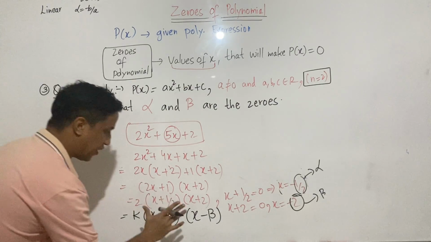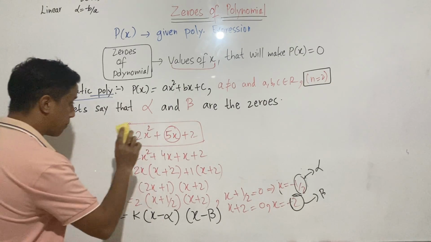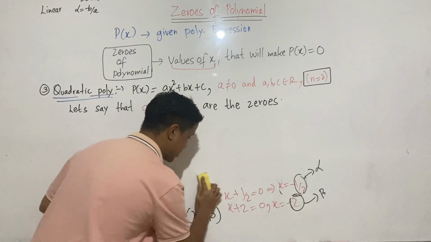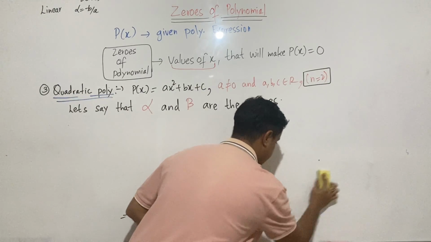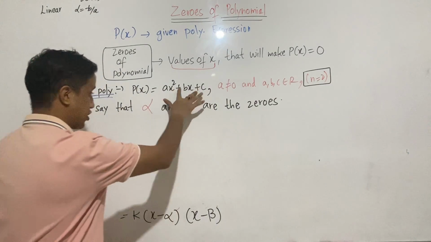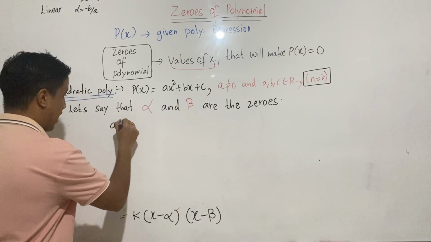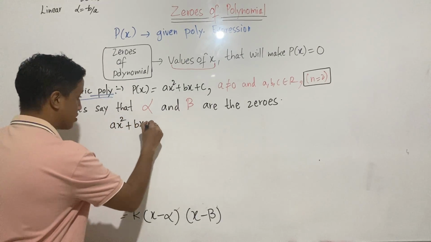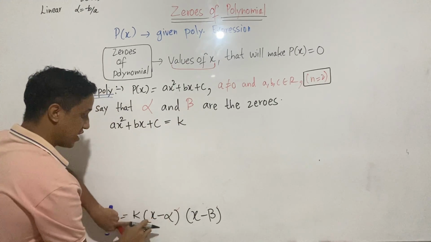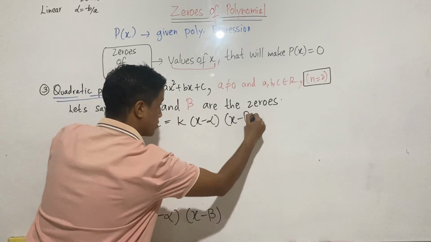So now see here, my whole purpose to do this was to let you understand that I can write for this expression, ax square plus bx plus c equal to k, a constant, times x minus alpha and x minus beta.